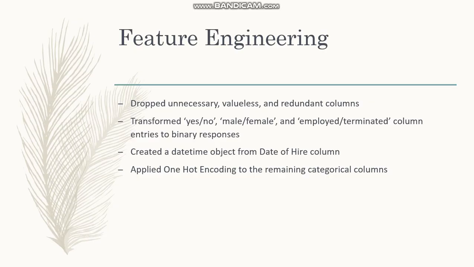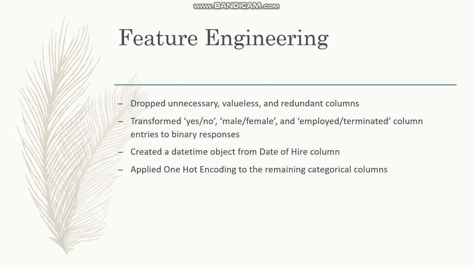I also transformed the yes and no, male and female, and employed and terminated column entries into binary responses where male equals 1 and female is 0, yes is 1 and no is 0, and terminated is 1 and active is 0.